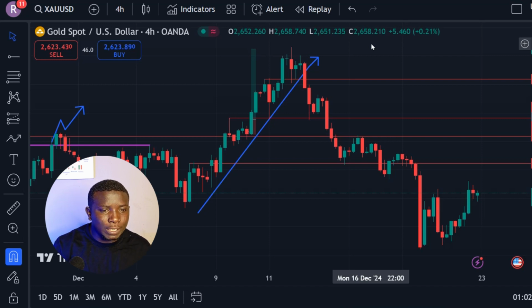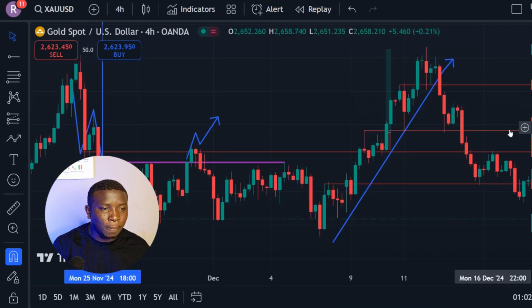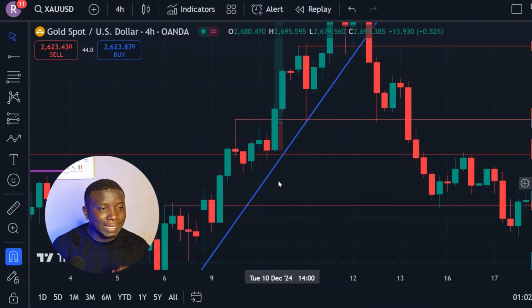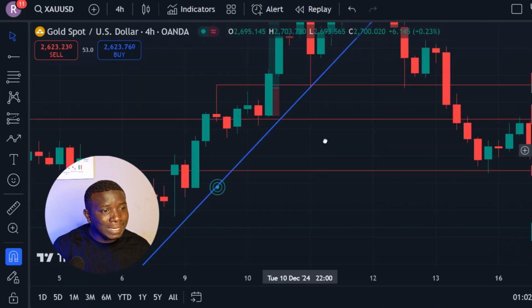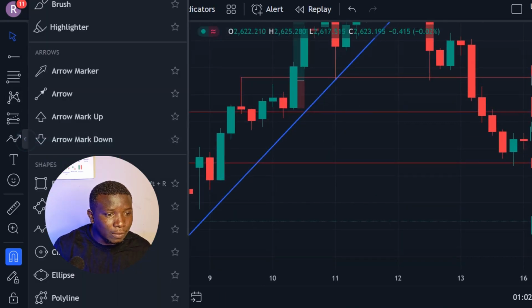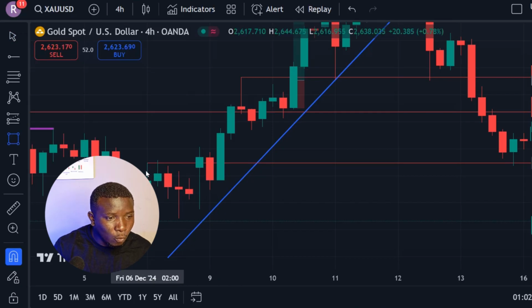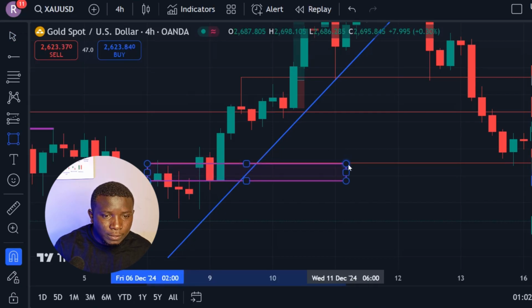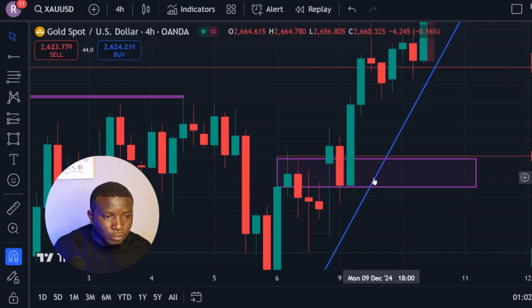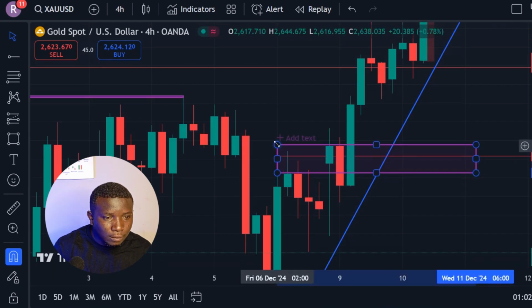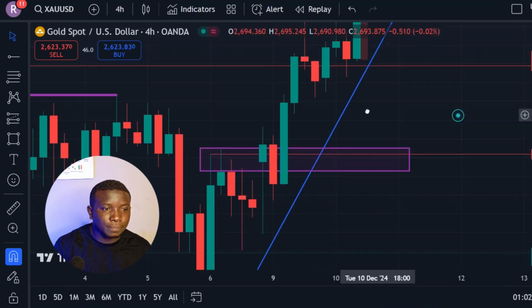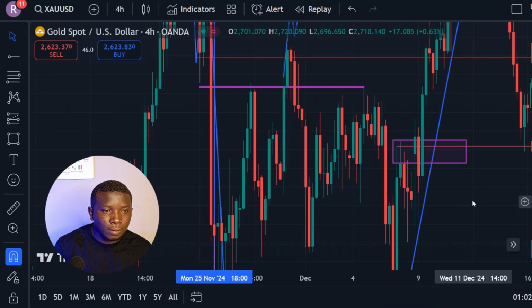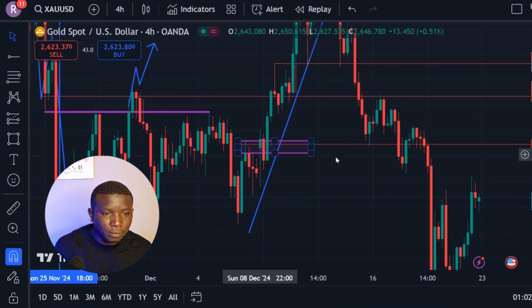Now, what I want you to do is pay very close attention to drawing out these key levels. Make sure you draw out those key levels on the 4 hours time frame. What we basically need is the wick of those candles. So we're going to be drawing out the wick of this candle, something like this, and we're going to have this drawn to this level.